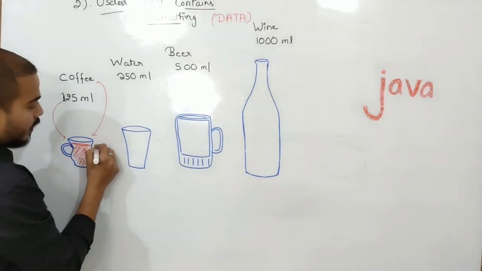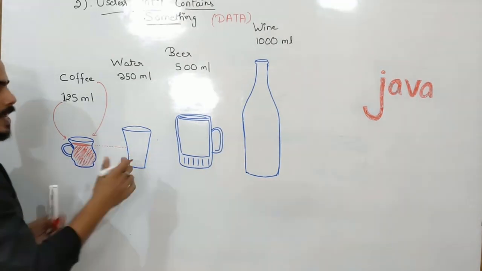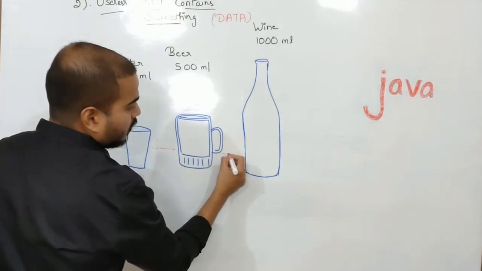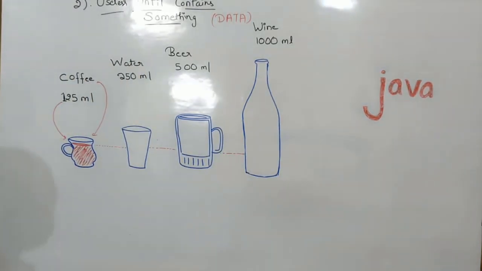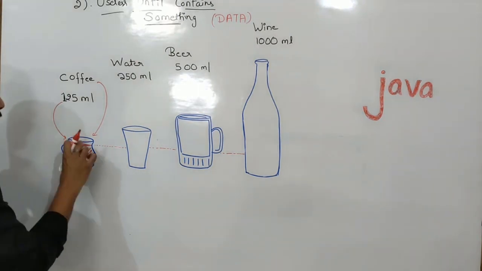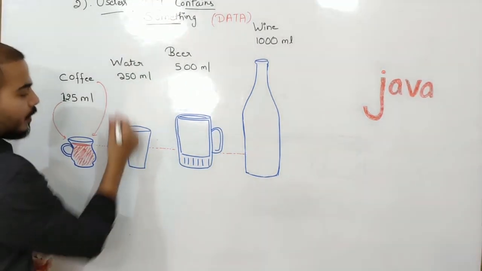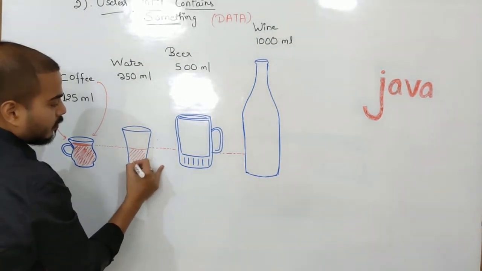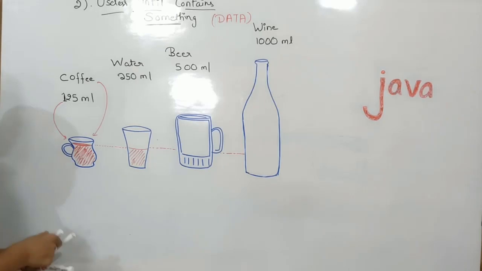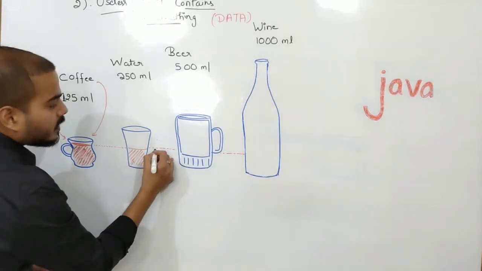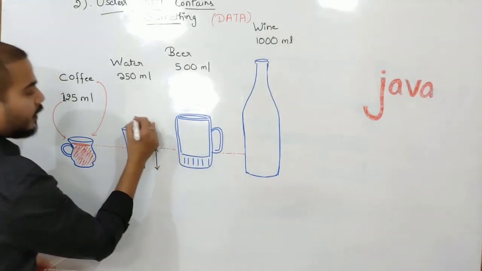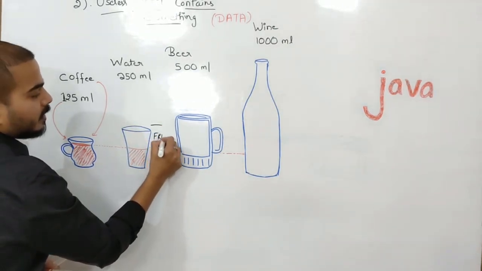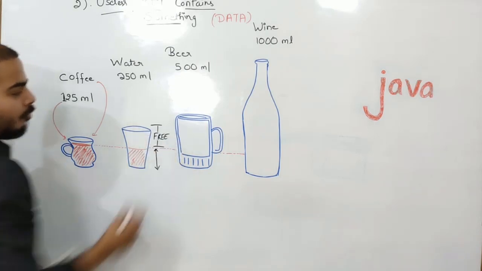Why? Let's for a minute compare the sizes of these containers. As you can see, if you want to fill this coffee into this particular water glass, it can be done easily. But the problem is only this part is occupied, whereas this particular area remains free.